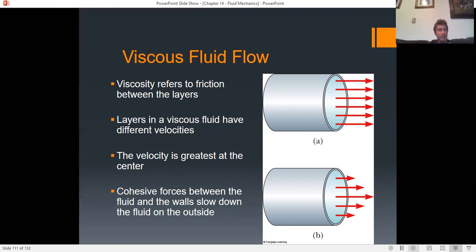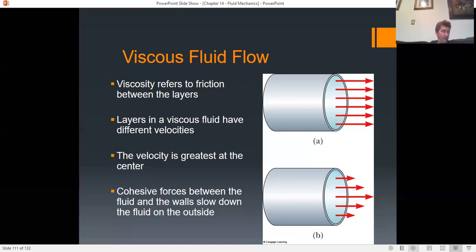Constant velocity. There'd be no difference in velocity. The problem is, viscosity means that these molecules are going to interact with the sides of a tube. Those close to the sides are going to experience the greatest drag because the tube isn't moving, and those furthest are going to experience the least amount of shear.